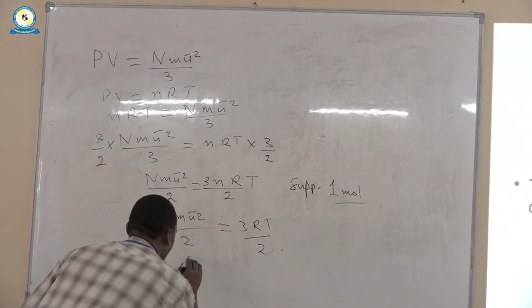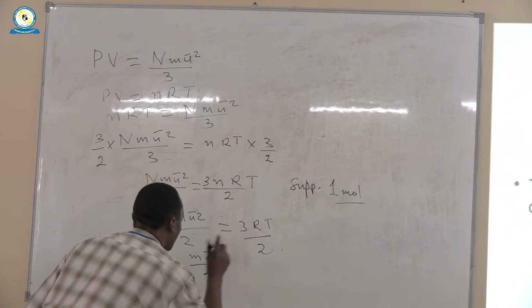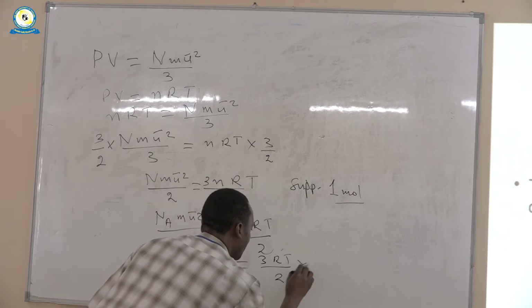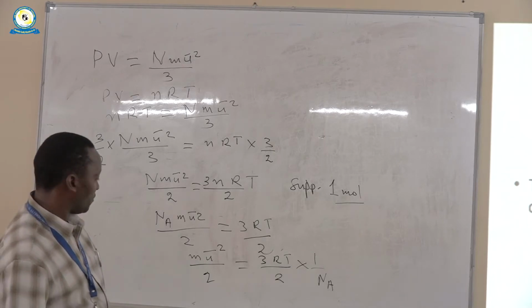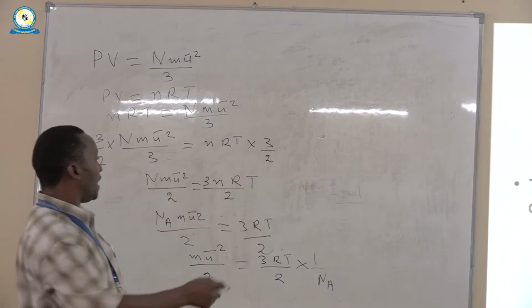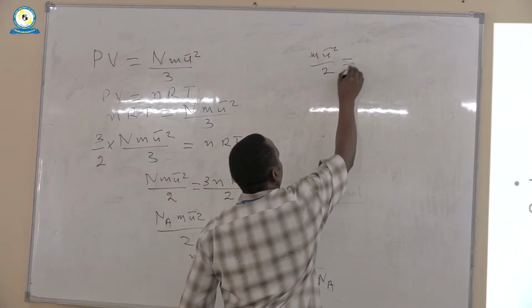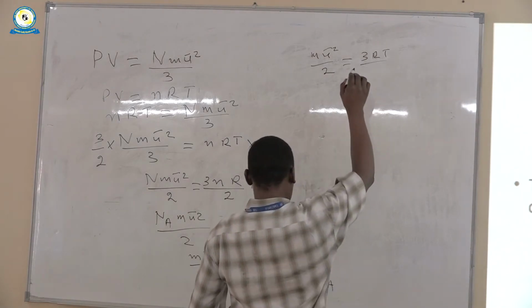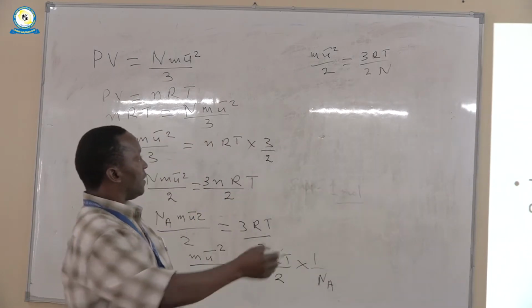From there, if we divide by N_A on both sides, we have the resulting equation: m u squared over 2 is equal to 3RT over 2N_A.